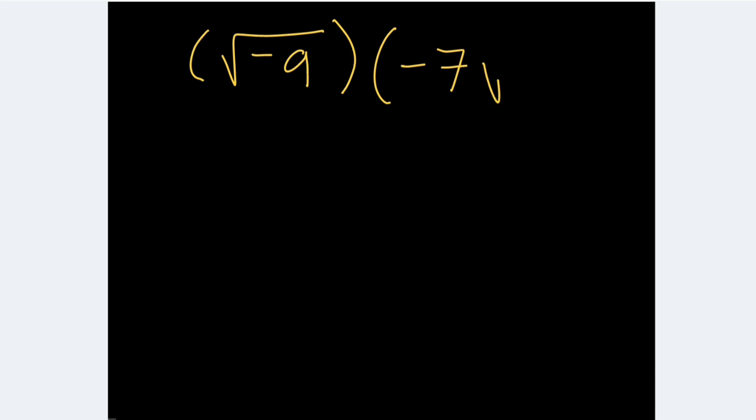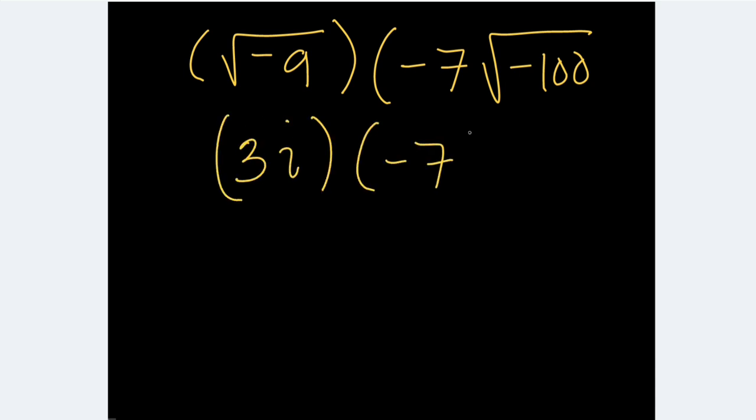Yay. Okay, the next one is square root of negative 9 times negative 7 square root of negative 100. Square root of negative 9 is 3i, right? So this one is 3i times negative 7 times square root of negative 100, which is 10i.